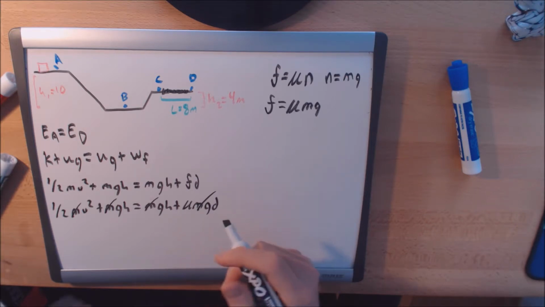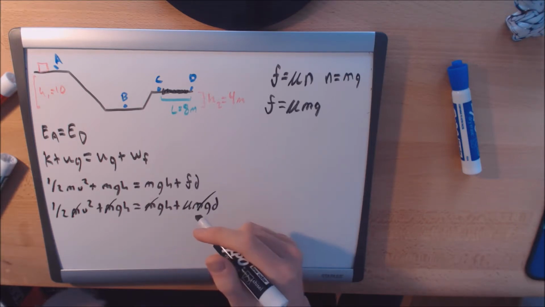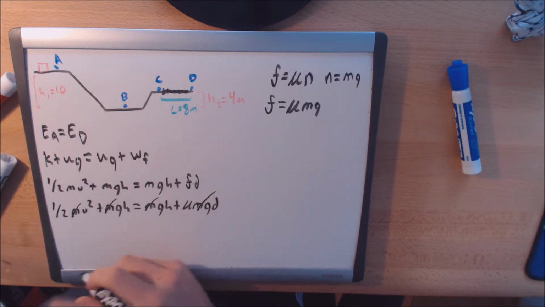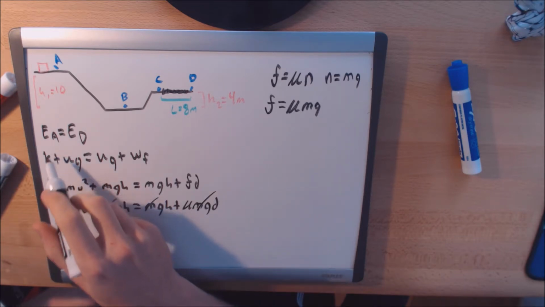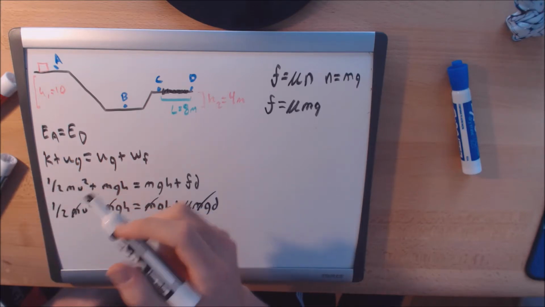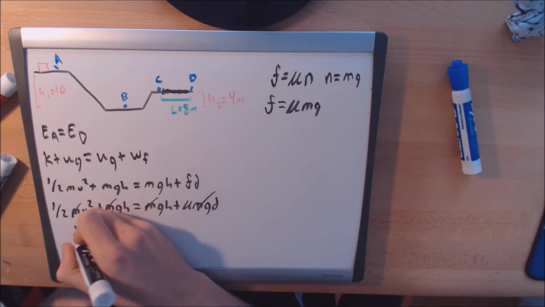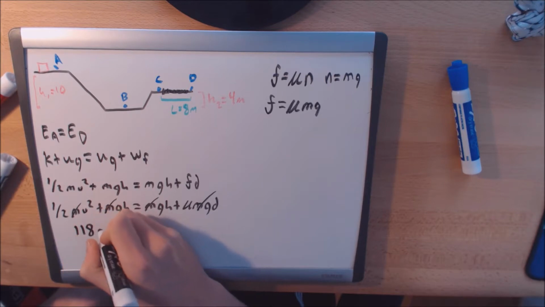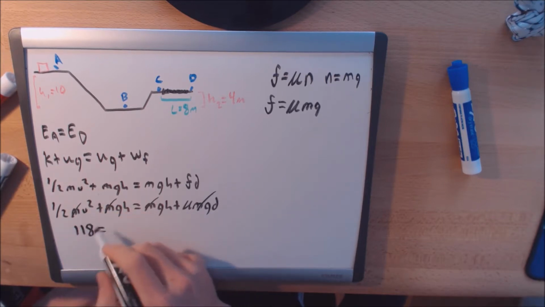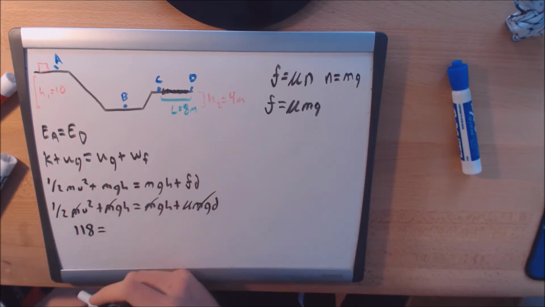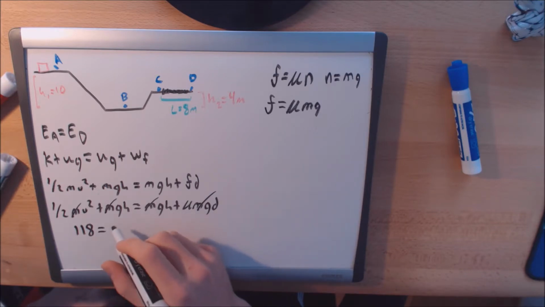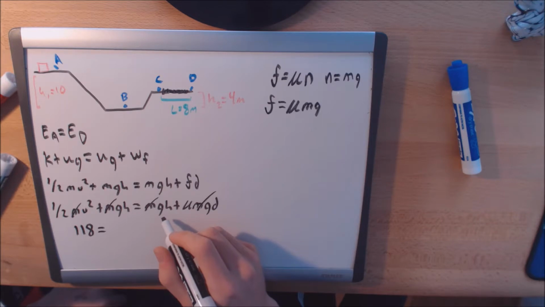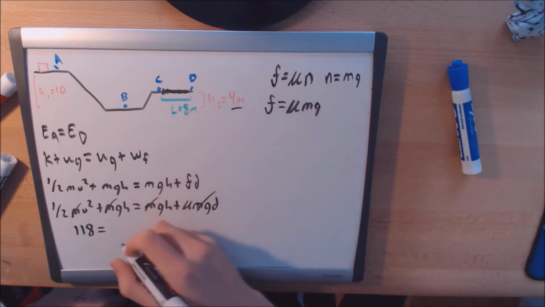The next part we're going to do is start plugging in our variables. So we know that we calculated our energy at A before, and that number was 118. So this guy is going to be 118 because nothing has changed from what we did in the last step. But we have a new gh, which is 10 times 4 meters.